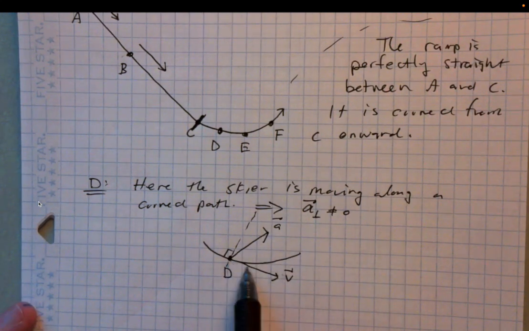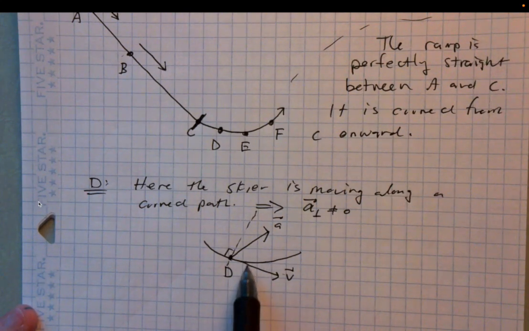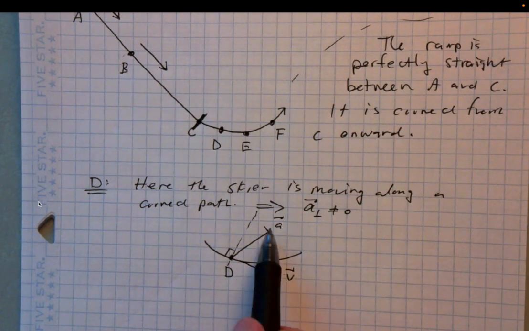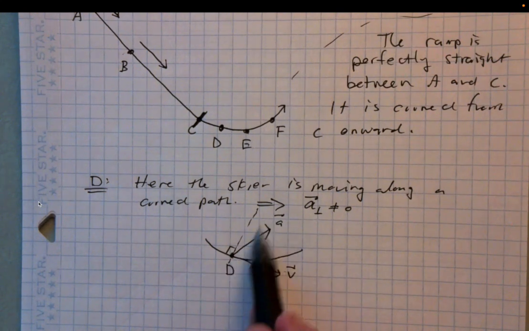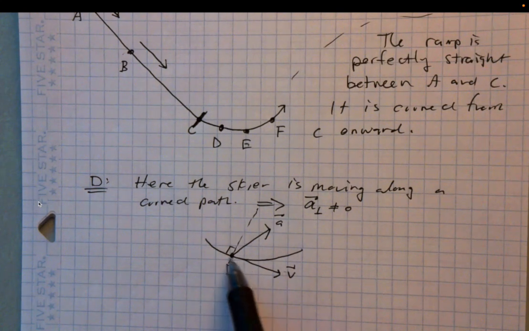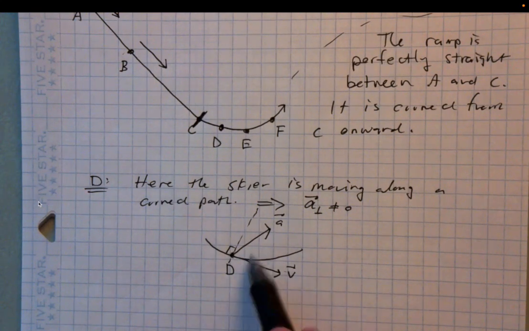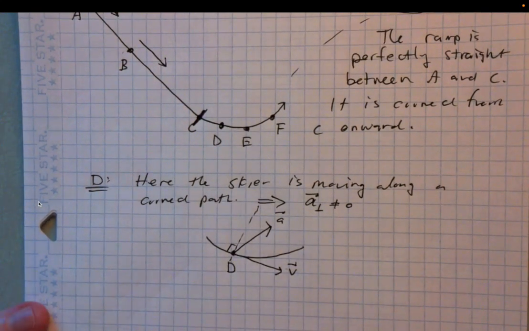Some portion of my acceleration is going to be lifted out of the direction of velocity, because I'm changing directions, right? And my acceleration is always towards the concave side of the curvature of my path, so it's going to look something like this.